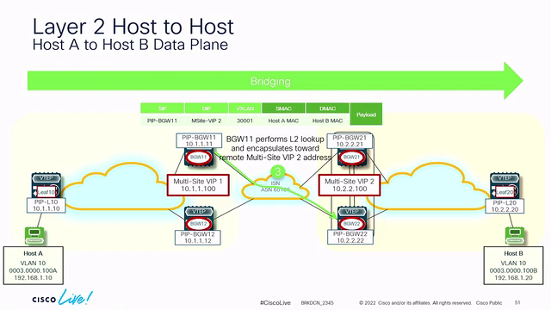I don't need to know behind which leaf in site 2 it is. I don't care. I encapsulate to the multi-site VIP that identifies the border gateway of site 2. One of the core devices will do routing, and depending on topology and routing information, one of the border gateways will get the packet. Question?